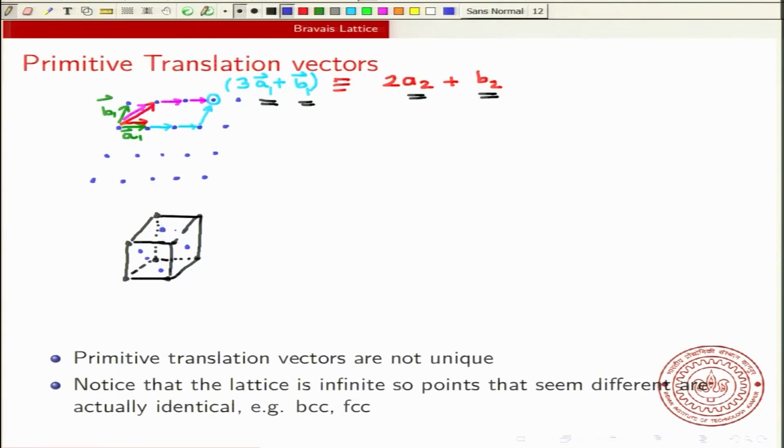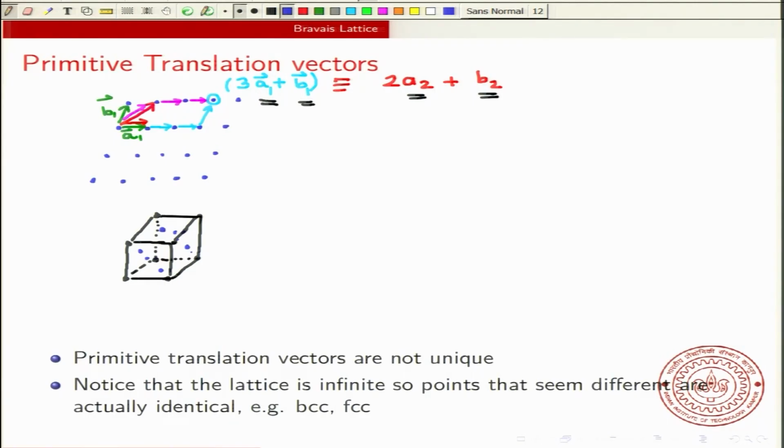Okay, this is the back face. Okay. So, now you might think that okay, this corner point, the corner of a cube. So, you have the corner of the cube, the point in black, and the face center which is shown in blue, and you might naively think that these 2 points are actually different.